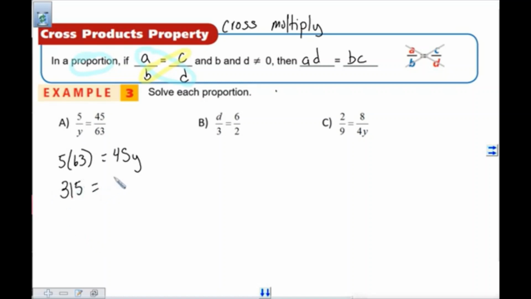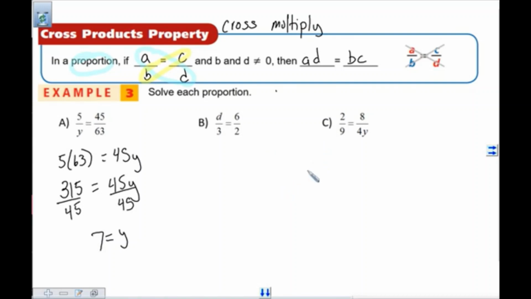So 315 equals 45y, and then we're going to divide by 45 on both sides. y equals 7.